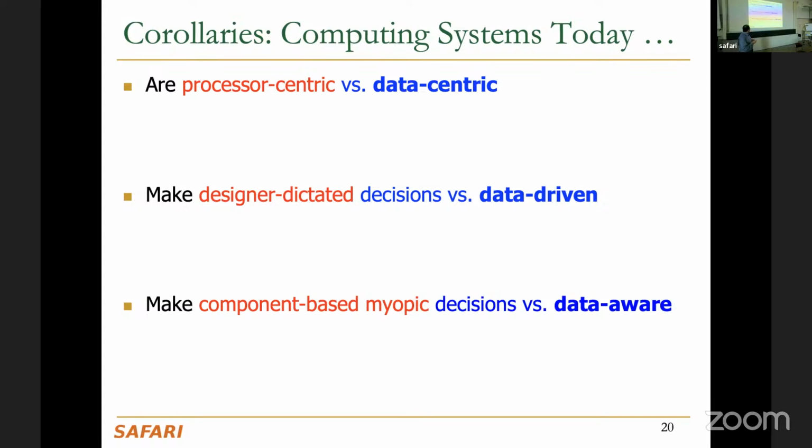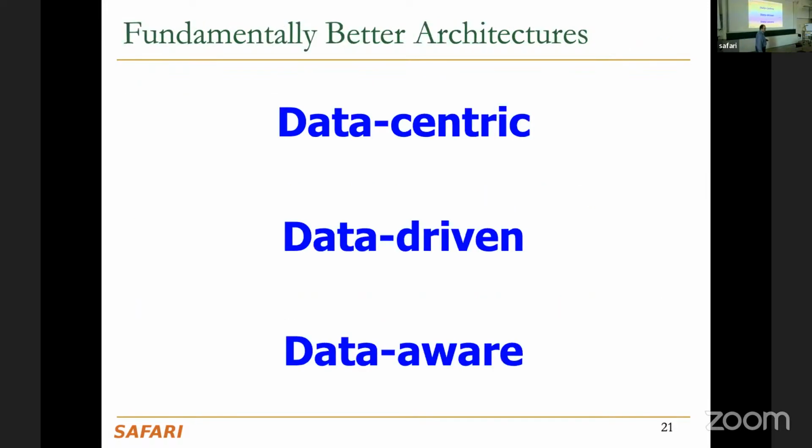Also, instead of component-based myopic decisions, we want data-aware decisions, so the semantics of data should be transferred well to the hardware. In the end, to have fundamentally better architectures, we need to ensure data-centric, data-driven, and data-aware architectures.